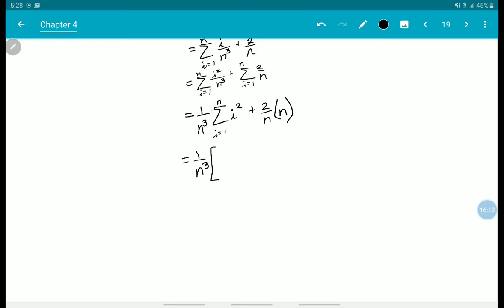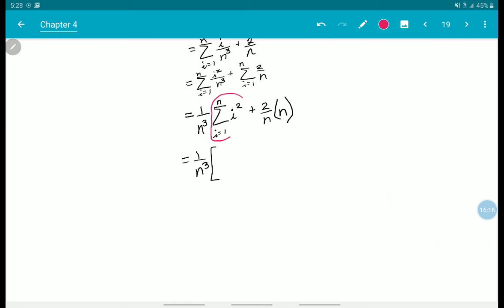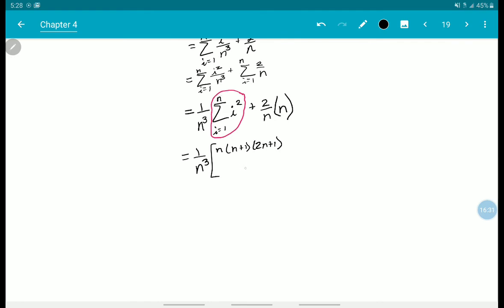Now, this guy has a formula that's associated with it. Thinking back to that earlier theorem, the sum of i squared was n times n plus 1 times 2n plus 1 all over 6. And then I'm going to reduce this to 2.